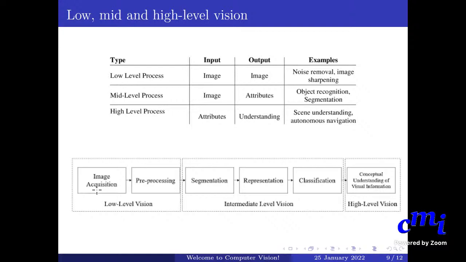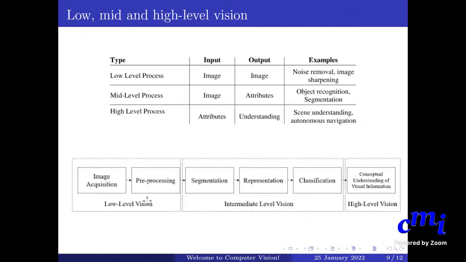You will need information about the camera with which the image was acquired, the process with which it was acquired, and what kind of lighting there was. Were there any external changes being made to the object or to the camera? So there is image acquisition at the first level, whether or not you are doing it. Even if the images are just provided to you, you need to know information about image acquisition.